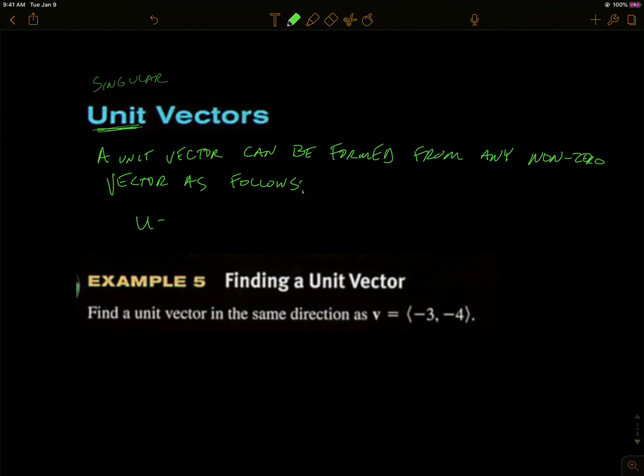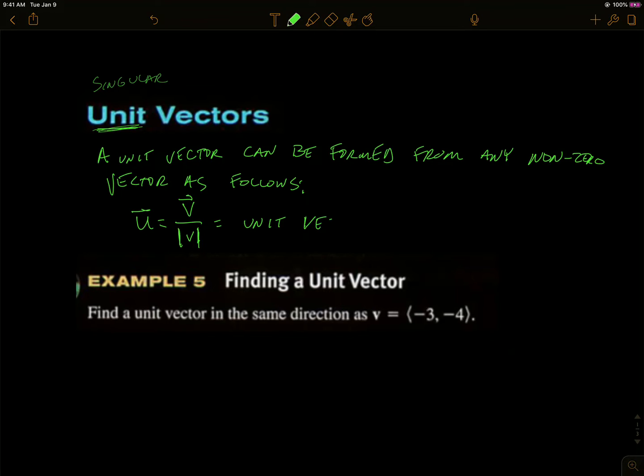If I have the vector u, we're finding u, which is the unit vector. If we have our vector v and we divide by the magnitude of v, that will give us our unit vector in the same direction.